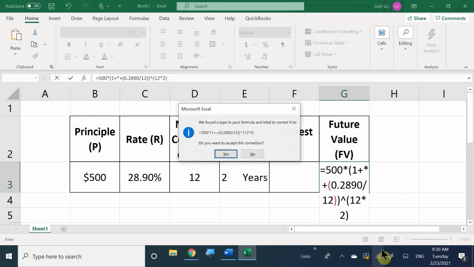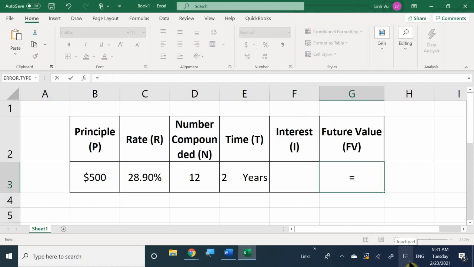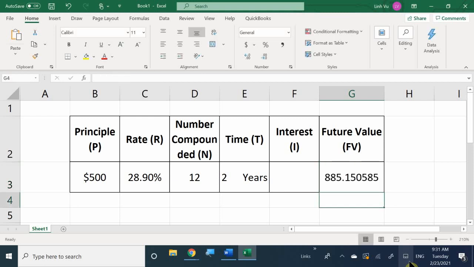Okay, so I'll go ahead and just, oh, okay, I did something wrong with my formula. Okay, so I have to do it again. So 500 times 1 plus 0.289 divided by 12, parentheses, 12 times 2. Okay, so I get $885.15.